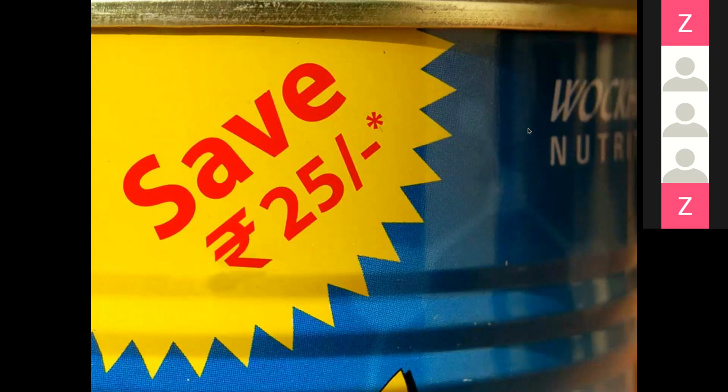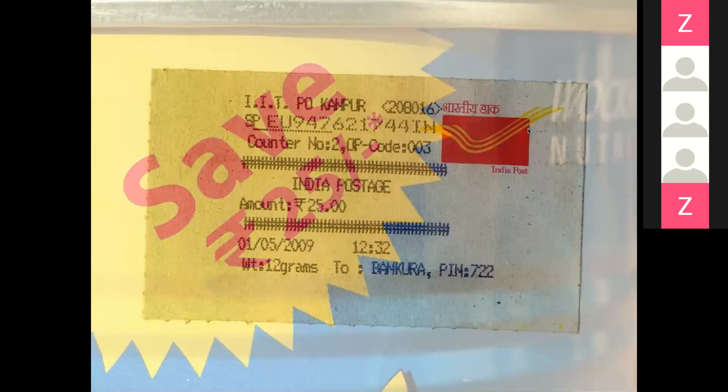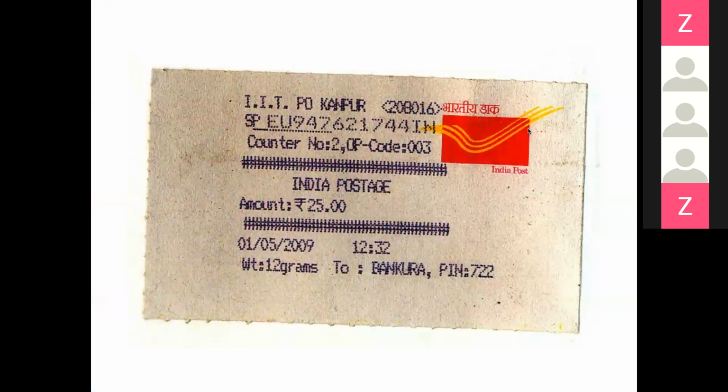So this is one example on a tin, where you typically see text like save a certain amount, discount, and so on, so you will find the symbol written there. And then this is in dot matrix printer. I tried to adjust the design based on whether it will be visible in the dot matrix.